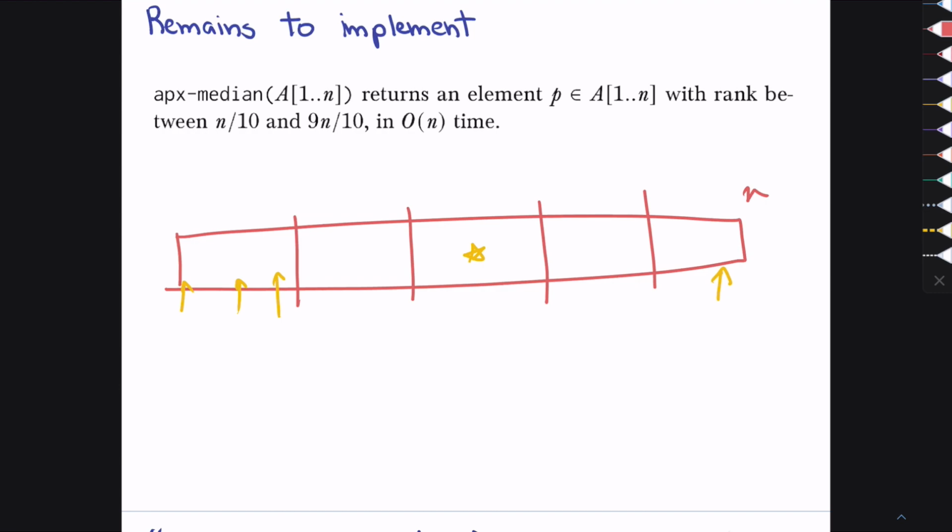Okay. So the one thing that's tough is that now you need to find the median of something. Yeah, okay. So does that work?